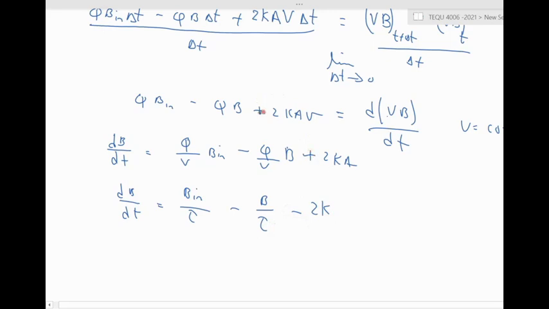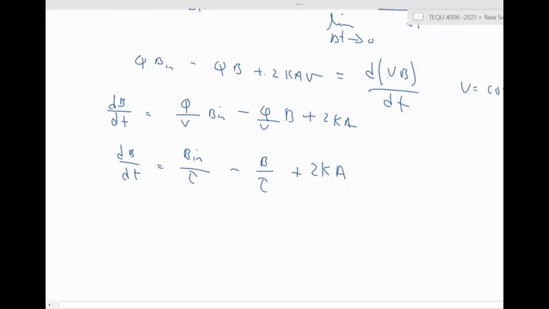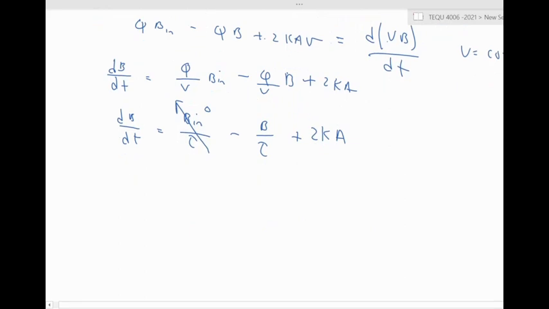It's being generated, so it's positive, and here is positive, so that will be 2 times K times A. There we go. Now, as I said, the concentration of B in is 0, so this term disappears. So I end up having only this equation: dB/dt equal minus B over tau plus 2Ka.